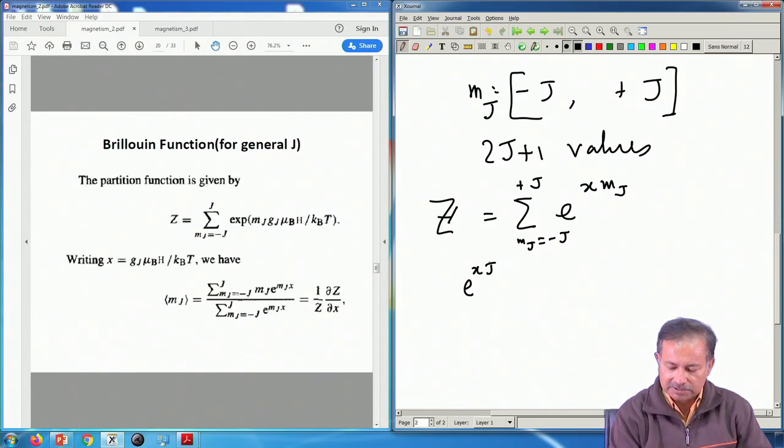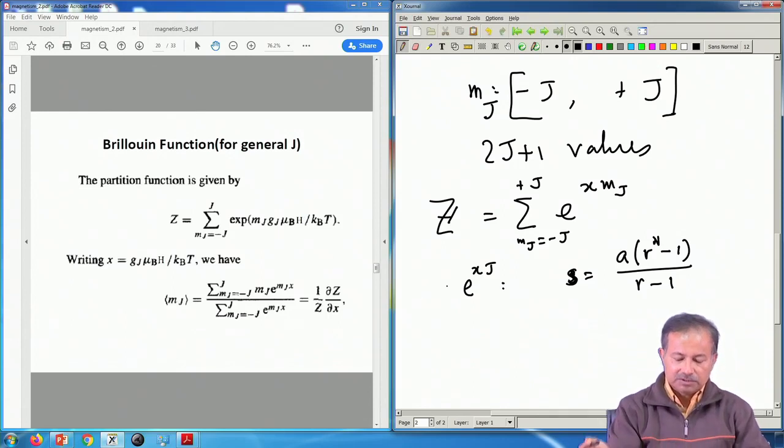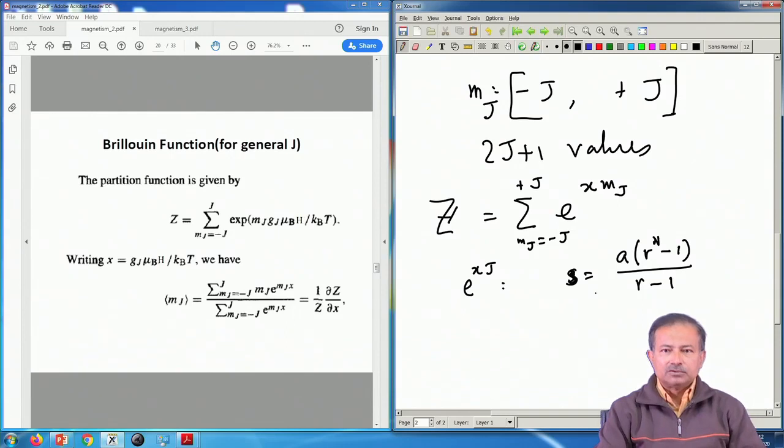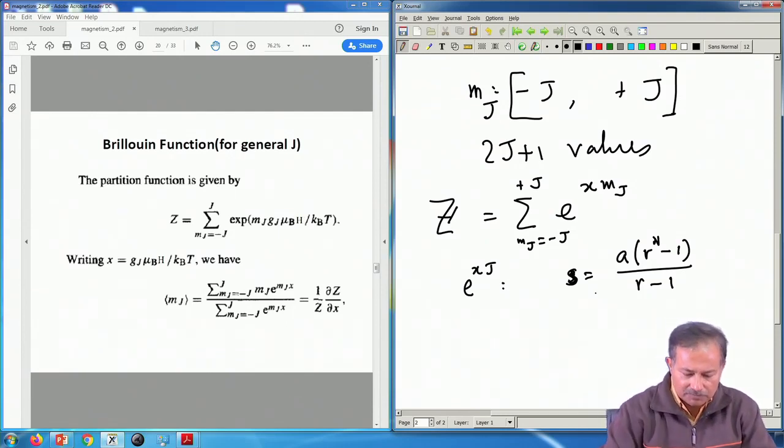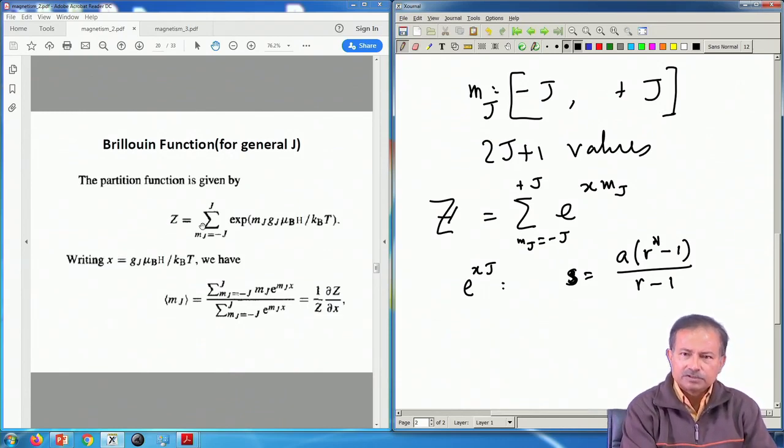So this is your common ratio, and you can use the formula for the sum: first term times r to the power of the number of terms minus 1, divided by r minus 1. You can straightforwardly do this calculation, leaving it to you, and you will get the value formula for Z.